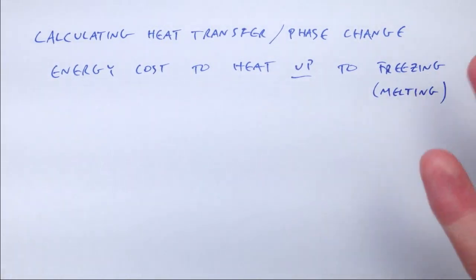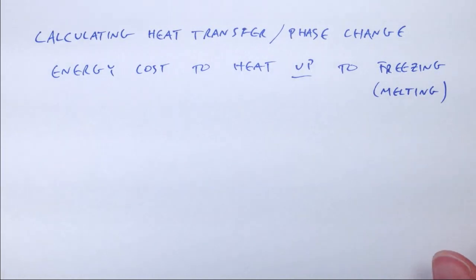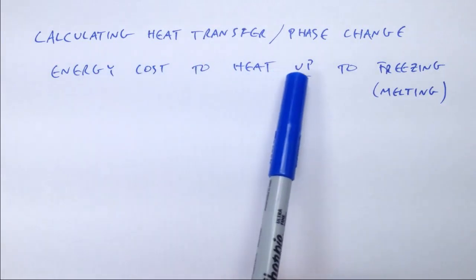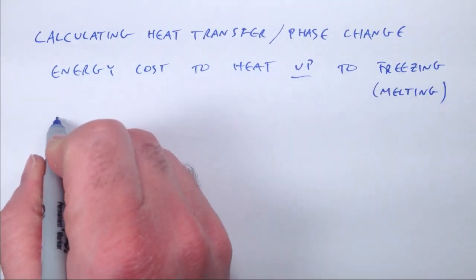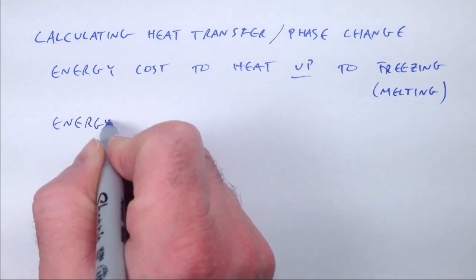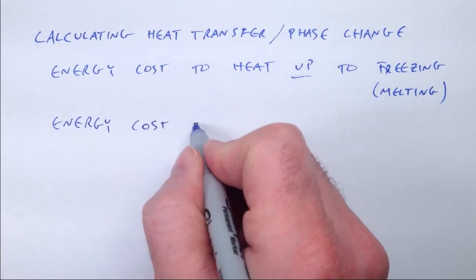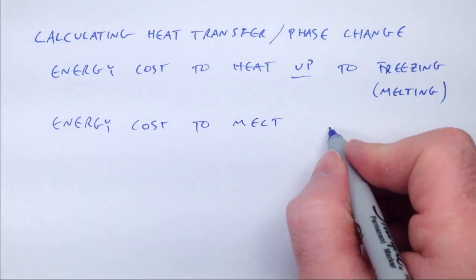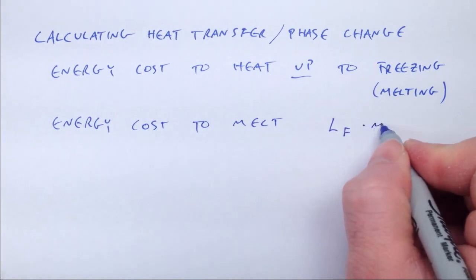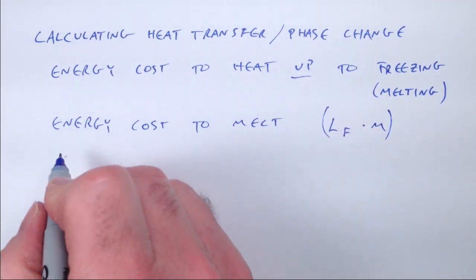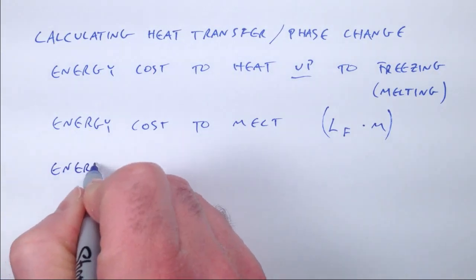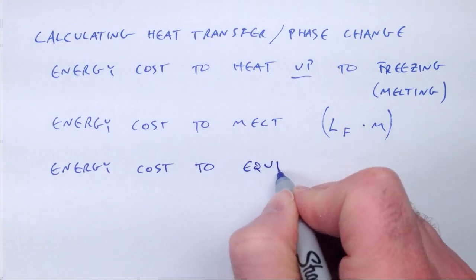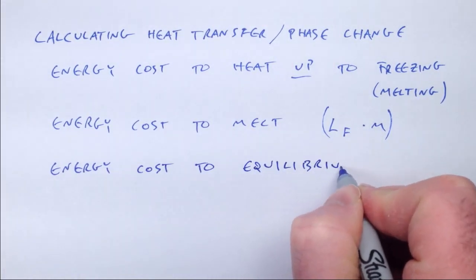See, freezing or melting, it just depends what direction you're coming to it from. So if you're starting below freezing, you need to heat up to the point where it can melt. Then you need to calculate the energy cost to actually melt the stuff. Remember, that would be the latent heat of fusion times the mass. And then finally, the energy cost to whatever the final temperature is.